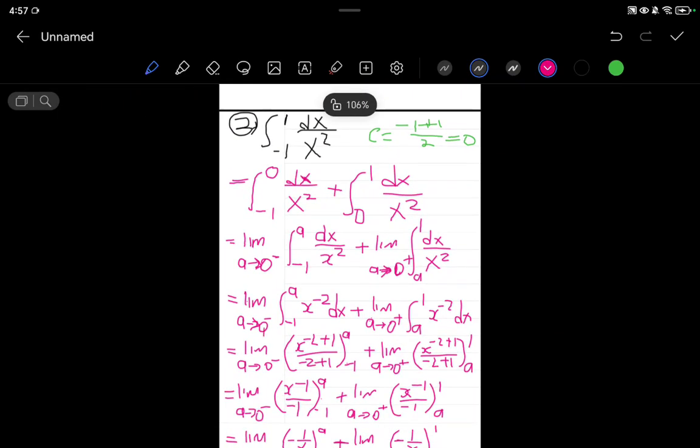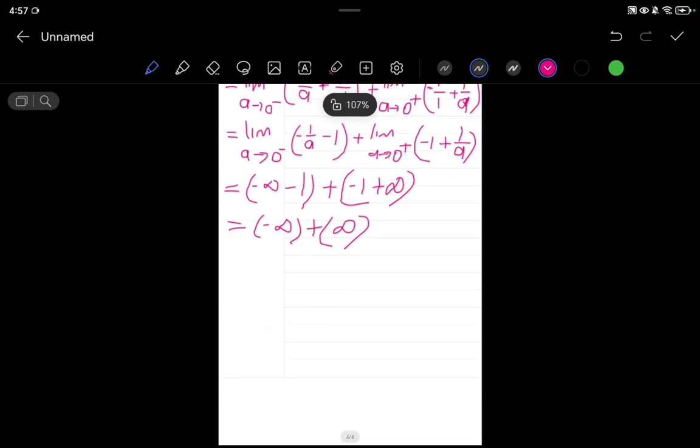So we get this, and what we know is that this will diverge.